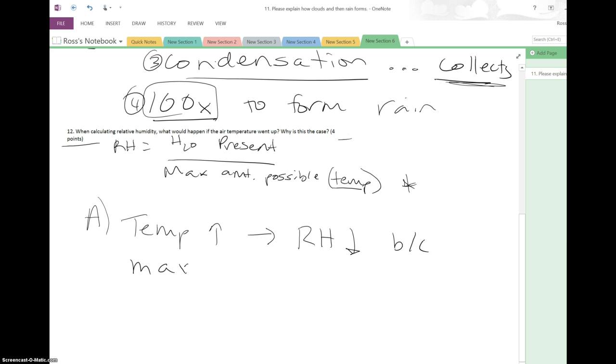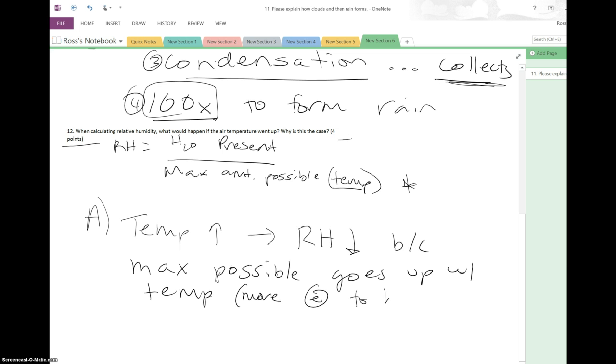Because max possible goes up with temperature. More energy to hold water in the air, right?